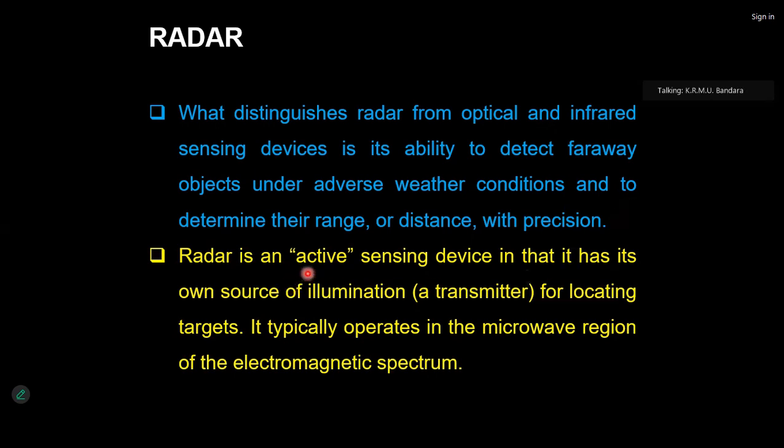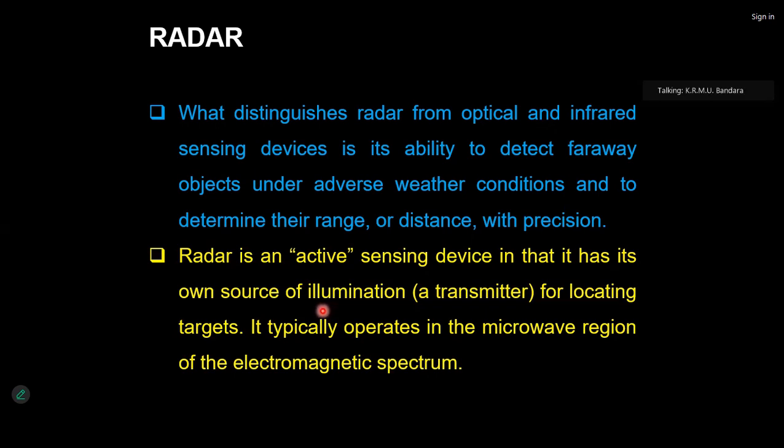Radar is active because we are not using an illumination source coming from outside, like the sun used for optical and infrared, where the illumination source comes from outside the system. But here the illumination is by microwave.